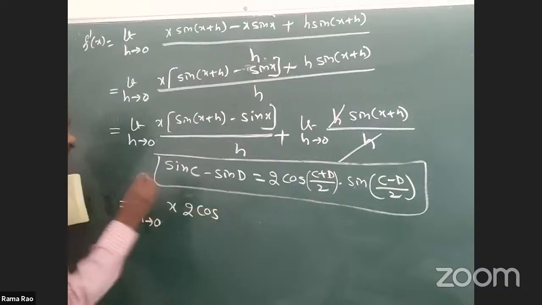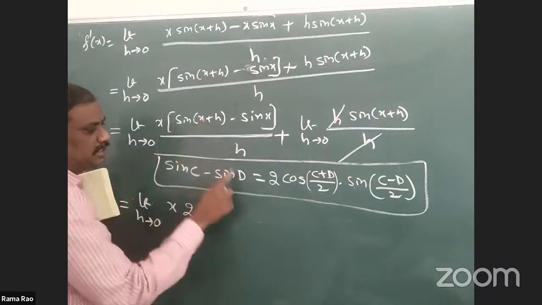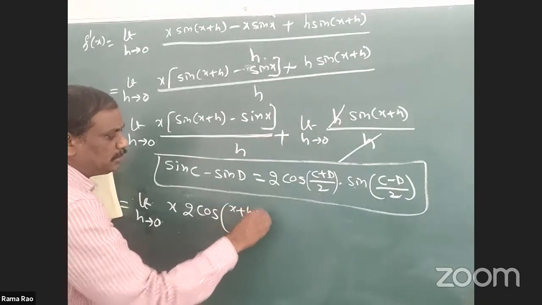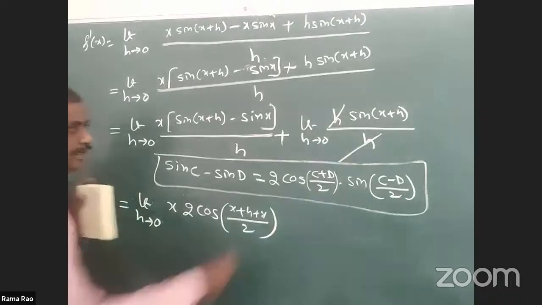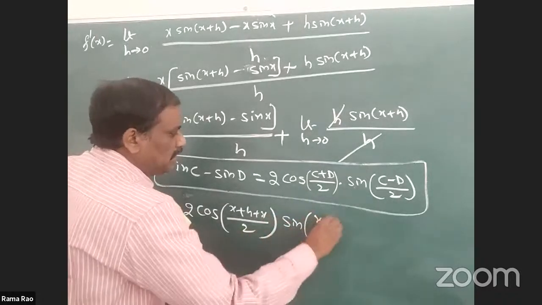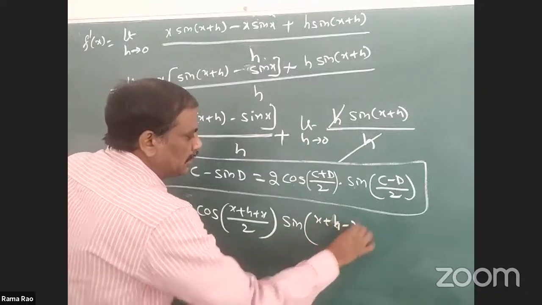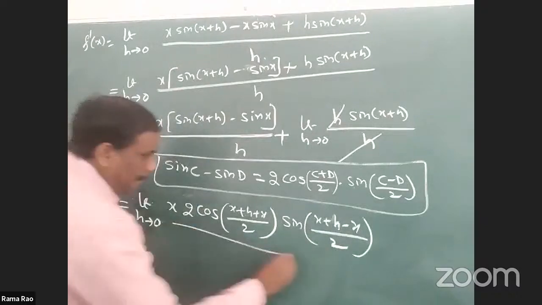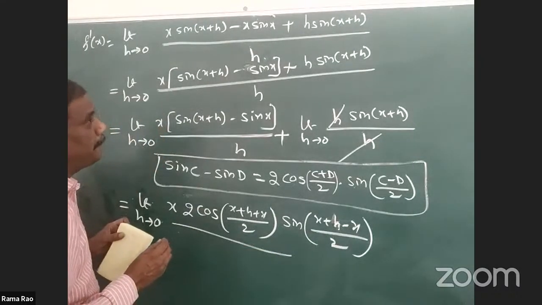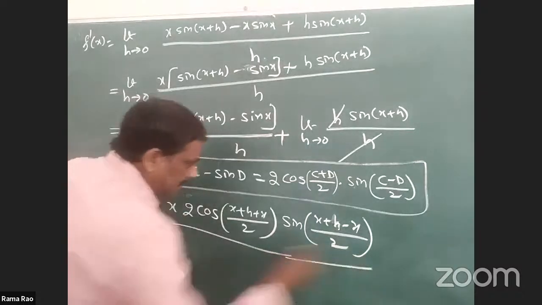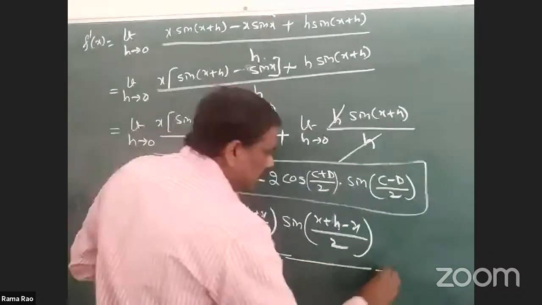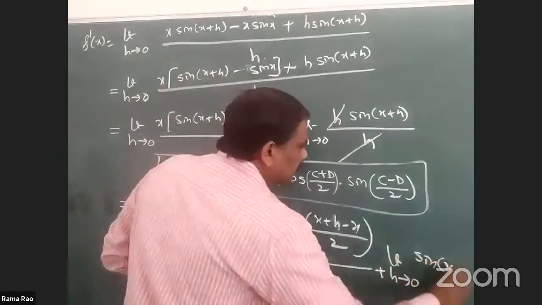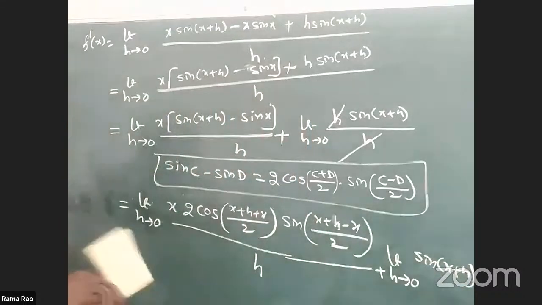2 cos, here C means x plus h, D means x. C plus D by 2 is x plus h plus x by 2, into sin of x plus h minus x by 2, by h, plus limit h tends to 0 sin of x plus h.